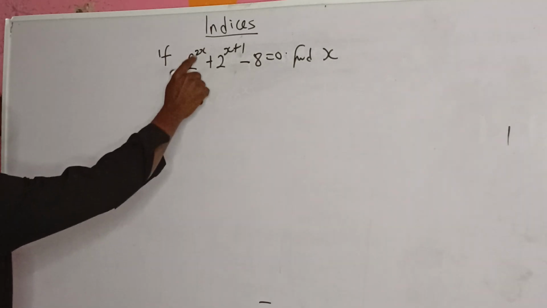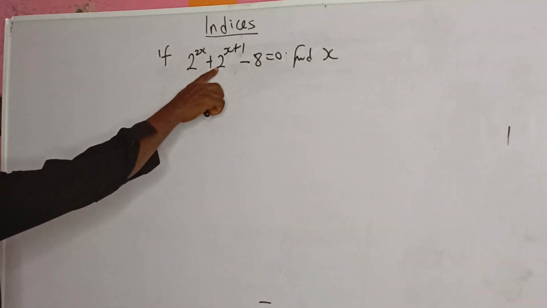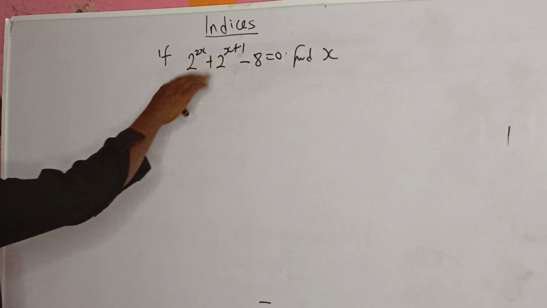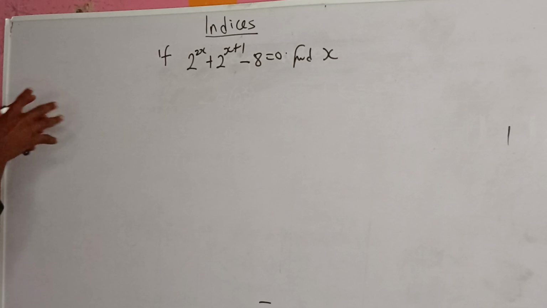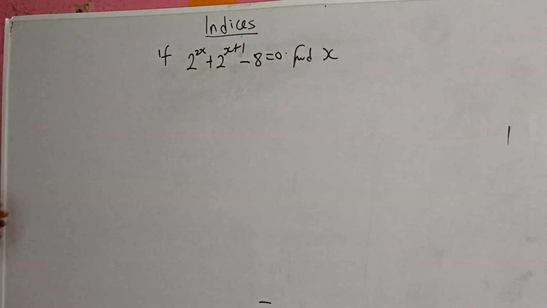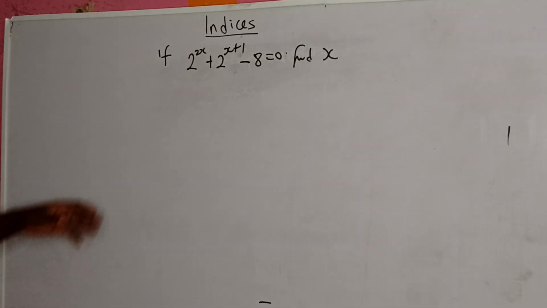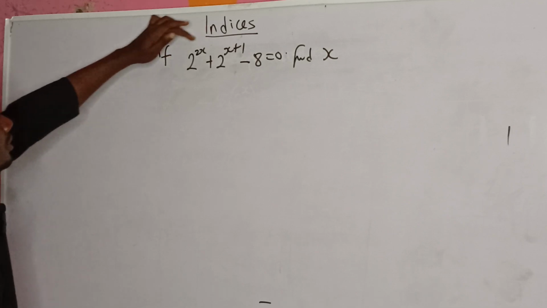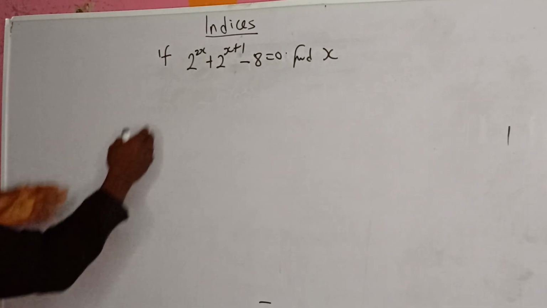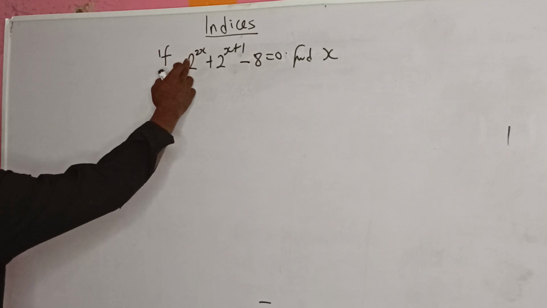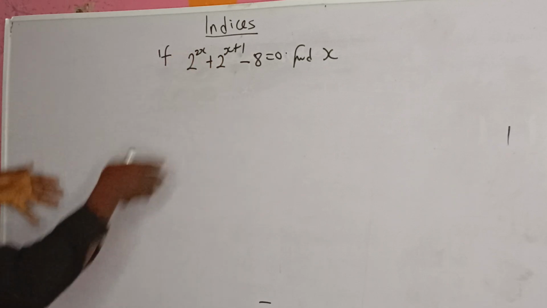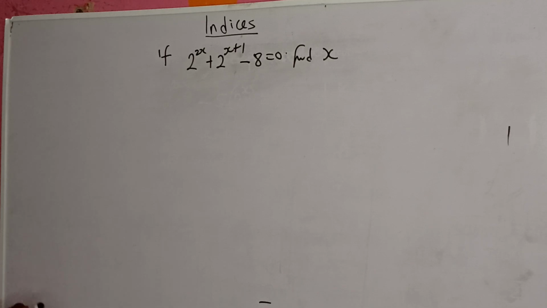You have to make 2 power 2x and 2 power x plus 1 have the same power. If you watch, the common number on the power side is x, so you are going to look for a way to make this x the power of these two, while you work on the other numbers.